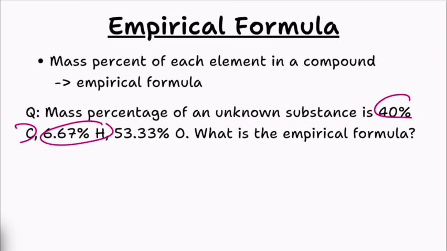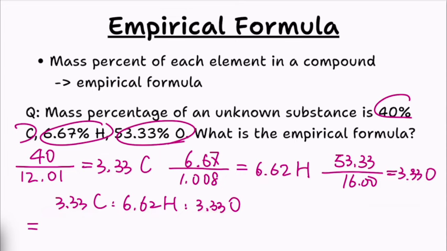Now I'm going to calculate the whole number ratio of these numbers. 3.33 carbon to 6.62 hydrogen to 3.33 oxygen. I'm going to divide each number by 3.33 because I have two of the 3.33. Then it will be 1 carbon to 1.99 hydrogen to 1 oxygen. Well, 1.99 hydrogen is approximately just 2. It can be rounded up to 2.